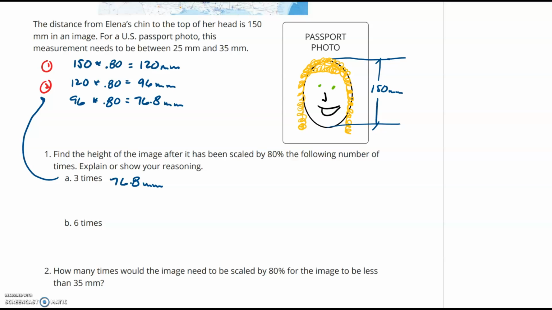Now, that was certainly a roundabout way to do this, actually multiplying it each time. So what I want to do is think about what happens when I do repeated multiplication.